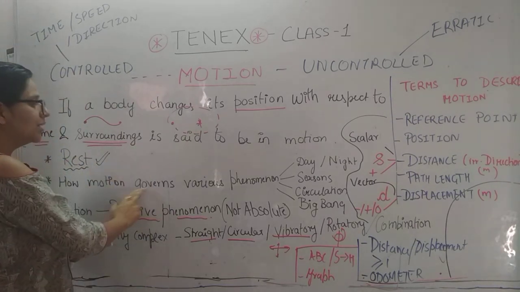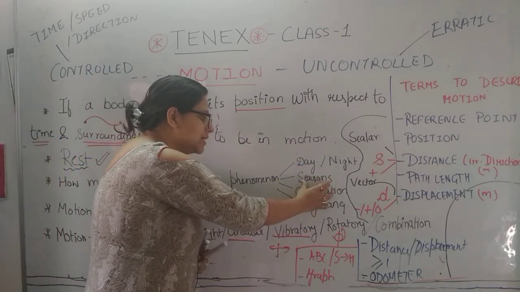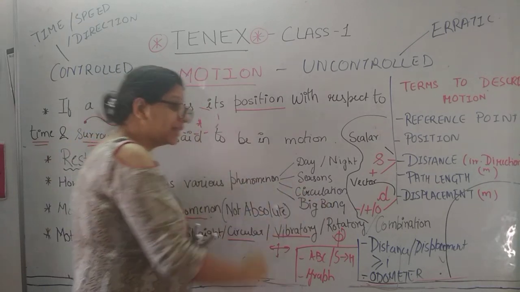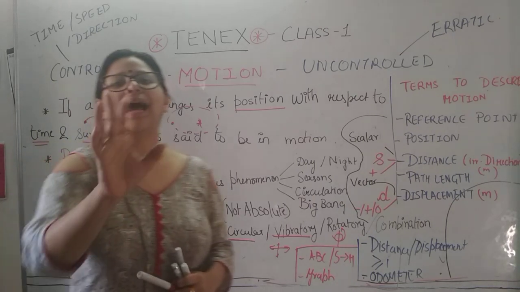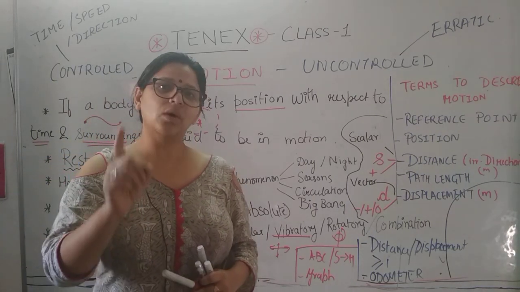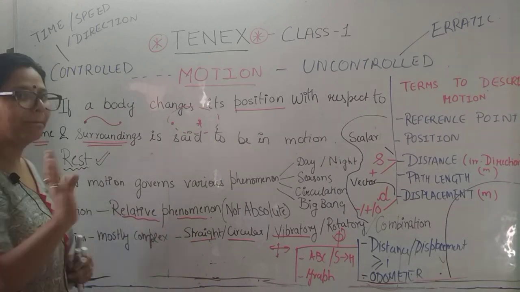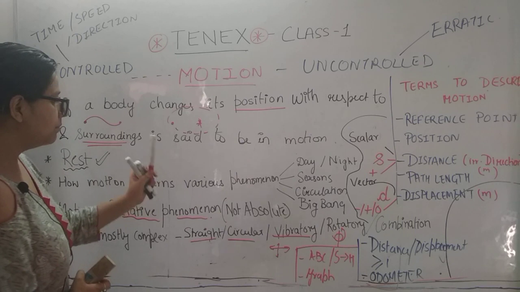Motion governs various important phenomena like day and night, the seasons, blood circulation in our body, the Big Bang theory, etc. Motion is never an absolute phenomenon. Motion is always a relative phenomenon. Further guys, motion is mostly complex, never simple.